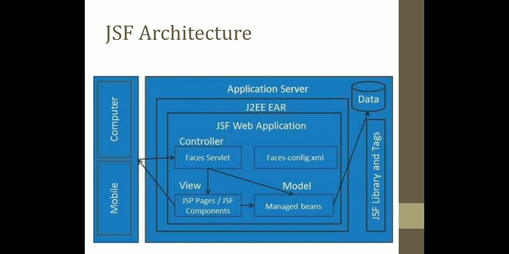Commonly a JSP or facelets, that is XHTML pages, are used for the view. Then the JSF components are used to bind the view and model part. In the architecture you can see there is a view and model part, plus the controller is overlooking all these things. So there are JSF components, managed beans, and JSF and JSP pages. These JSF components are used to bind the view and model.